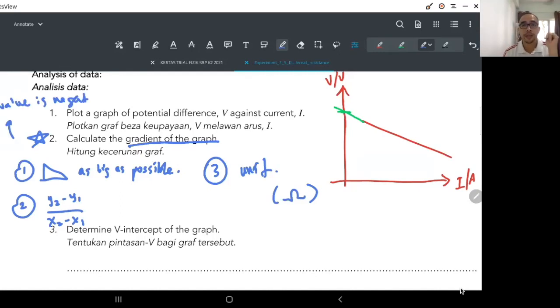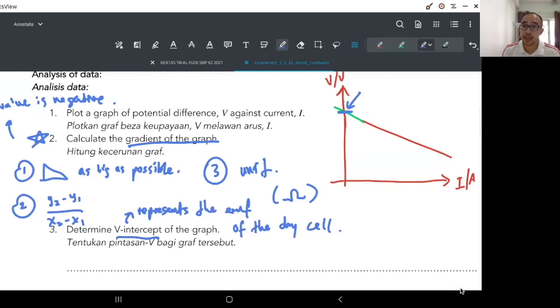Number 3, determine the V-intercept of the graph. V-intercept means this, referring to this. Now, if you're using one battery, and if you know the concept of EMF, you will know that the V-intercept actually represents the EMF.